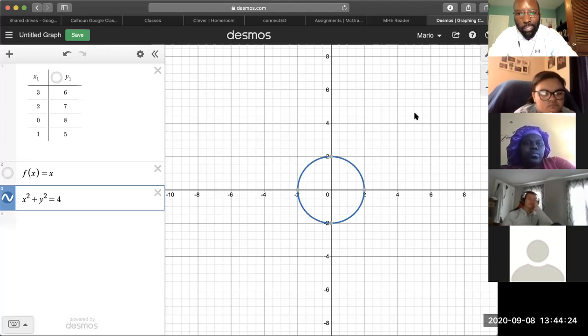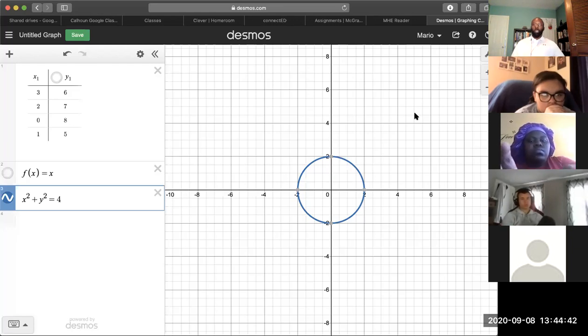Okay. Because does every x have exactly one y? Right, group. Good, good. All right, I see a lot of no's, and the no's have it. The no's are correct.